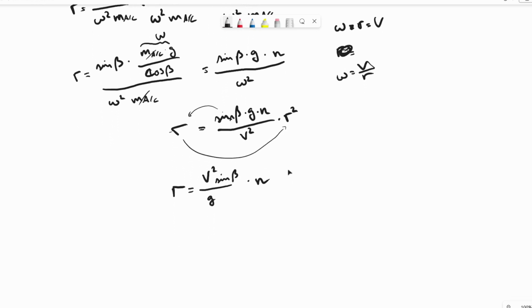Okay. Now we rewrite this again. So square root of 1 minus cosine beta squared equals sine beta. And we already know that this is 1 minus 1 over n squared.